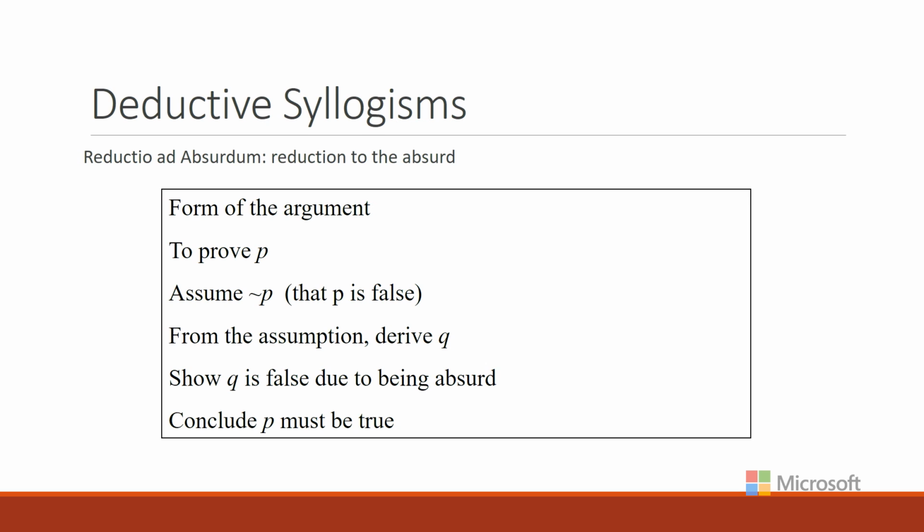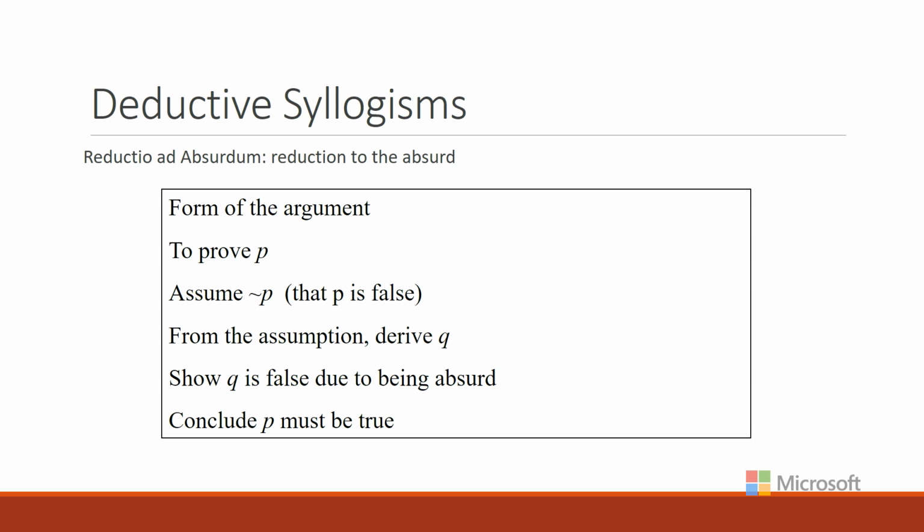Okay? So if not P is true, this other thing turns out to be also true, but that other thing, that Q, is false, or because it's absurd, therefore P must be true. In other words, it's impossible that not P is true because it involves a contradiction or an absurdity. That's a reductio ad absurdum argument, and it is a type of modus tollens.